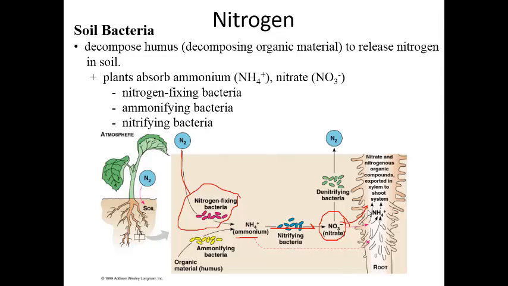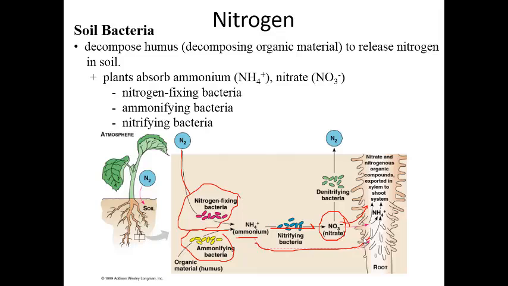Also within the soil is another group of bacteria called ammonifying bacteria. They are decomposers. They consume dead organic material, what we call humus, and they use that humus to create ammonium as well. Plants have the ability to take in both nitrates and ammonium directly through their roots.